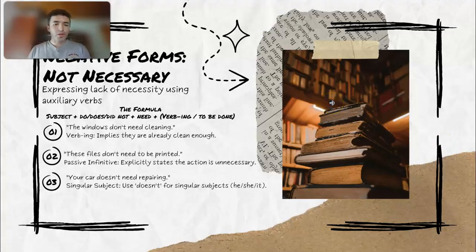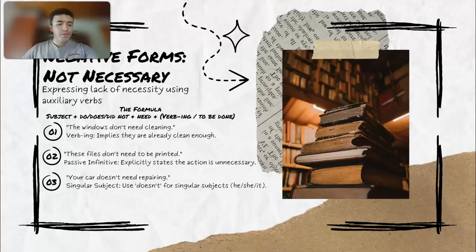Negative forms, not necessary. Expressing lack of necessity using auxiliary verbs. The formula: subject plus do, does, did, not, plus need, plus verb-ing or to be done. Example 1. The windows don't need cleaning. In this case, it implies they are already clean. Example 2. These files don't need to be printed. The passive infinitive explicitly states the action is unnecessary.